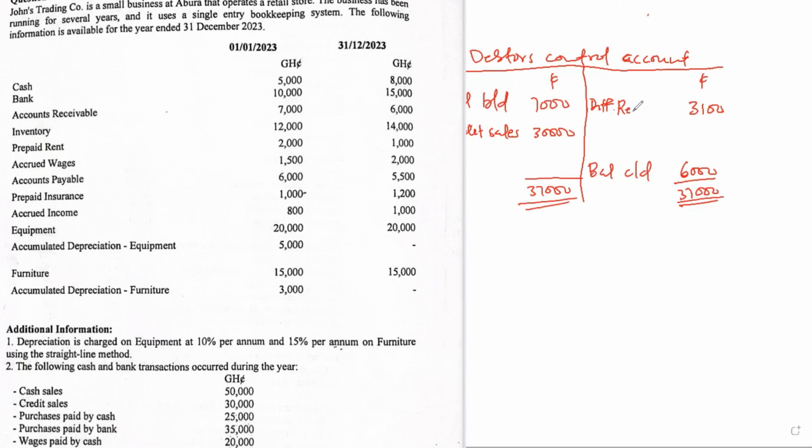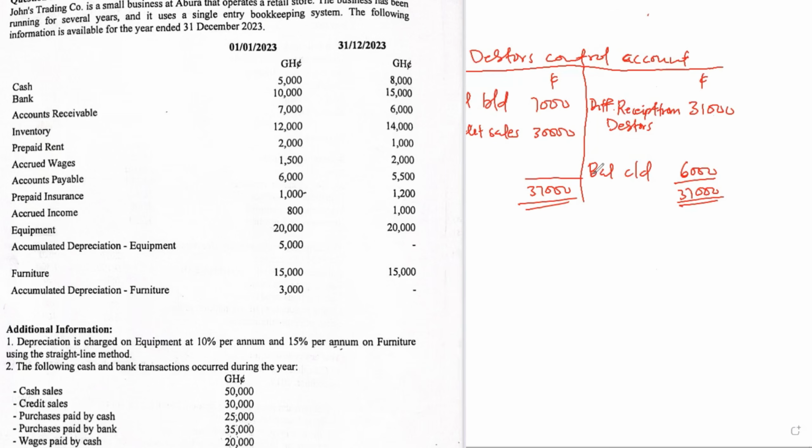That is the amount that was received from debtors. So we don't see balance carried down again on that side, but we see receipt from debtors.